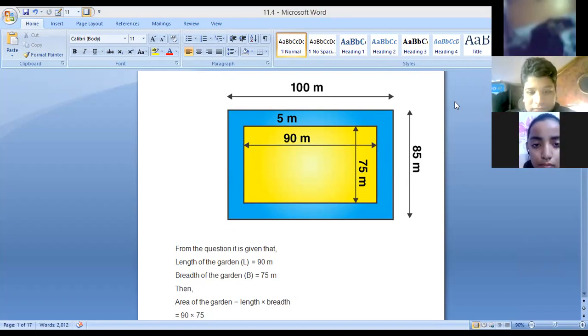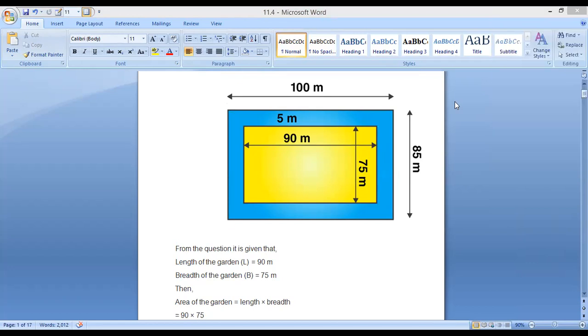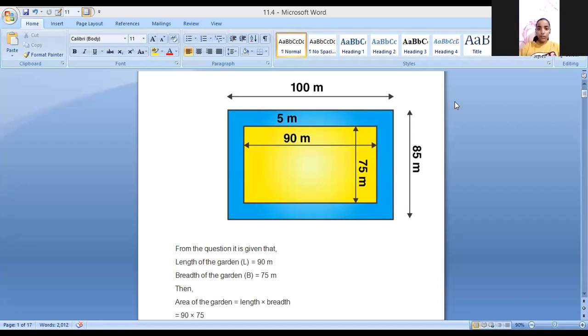Pulkit, start writing. Arav, Astha, Aryan, Ananya. No, beta. Naitik, check again, 90 into 75. Arav Sharma, Aryan Sharma, Gaurav Kumar, open your camera.